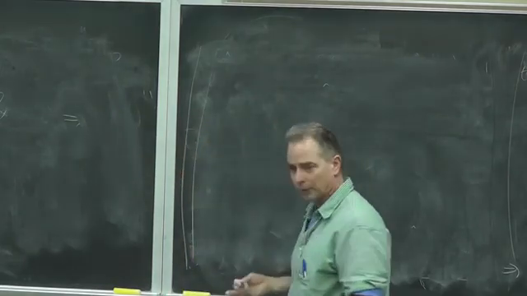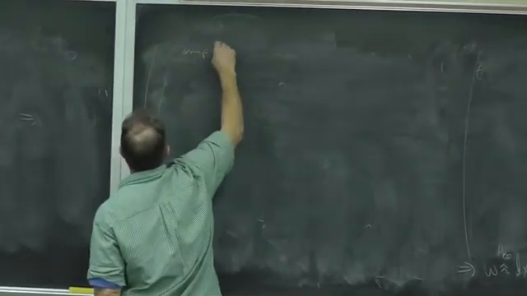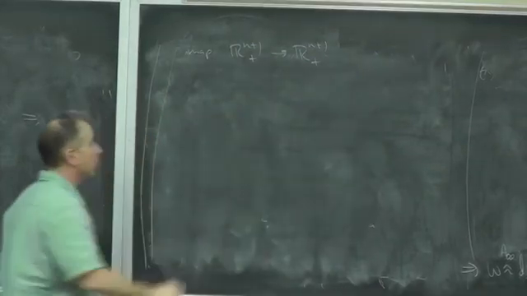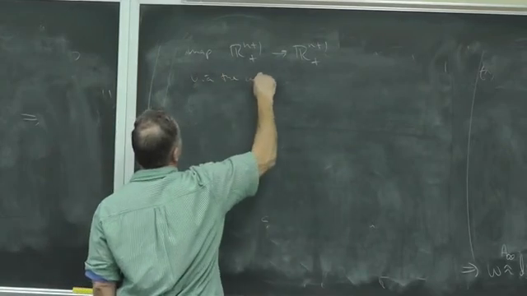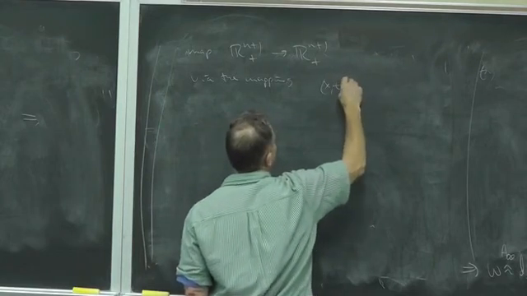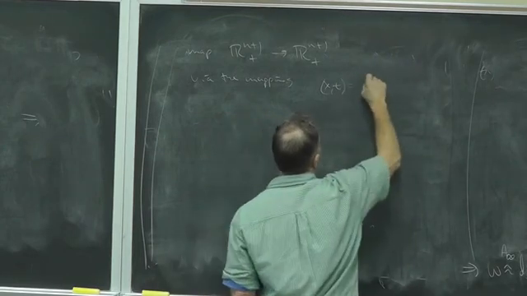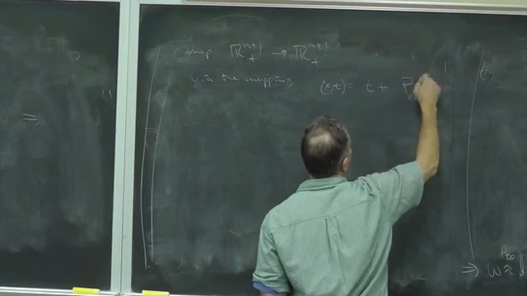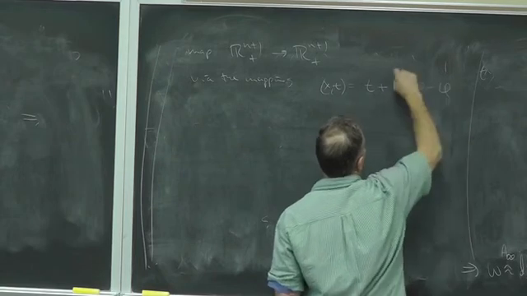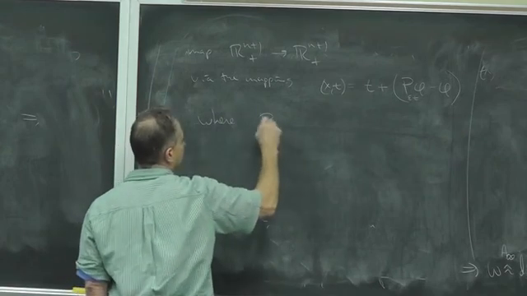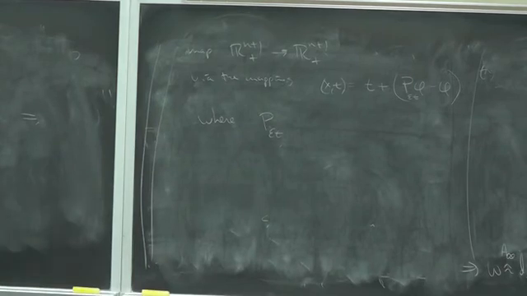Okay, and then we're going to make a change of variable. We're going to map our domain into itself in a one-to-one onto fashion using the following mapping. (x,t) is going to go to t plus, and I'll explain what this thing is in a moment, where P epsilon t, sorry, this epsilon is not the same as this epsilon.